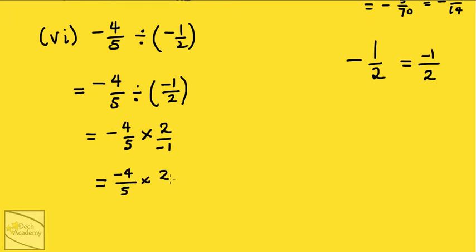So we have this times 2 over minus 1. So I'm going to simplify. The numerator of the resulting fraction is given by minus 4 times 2, which is minus 8. And then the denominator is given by 5 times minus 1, which is minus 5. So the minuses cancel out. That's a way to think about it. And you're left with 8 over 5.